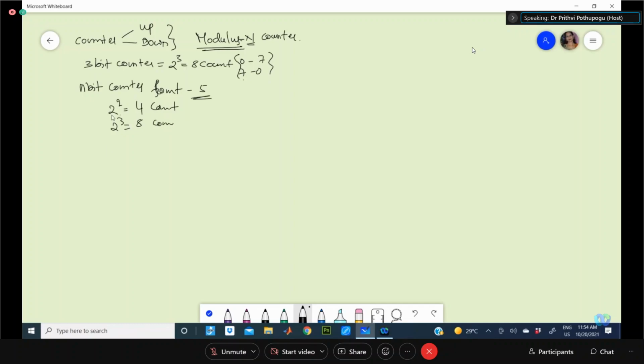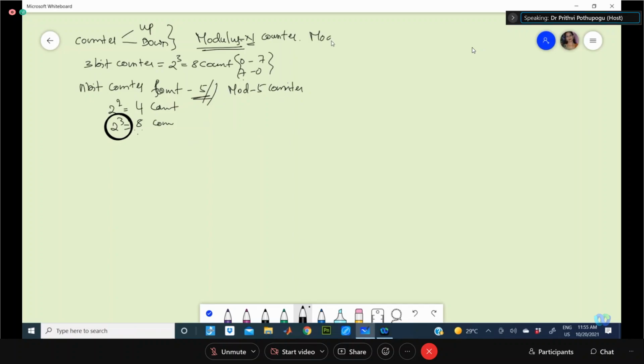I need to take a 3-bit counter, but instead of going to the full count of 0 to 7, that means 8 counts, I truncate the counting at 5 itself. That means I reset the count once it is counting 5. That is called a modulus n counter. That means this is a mod 5 counter.